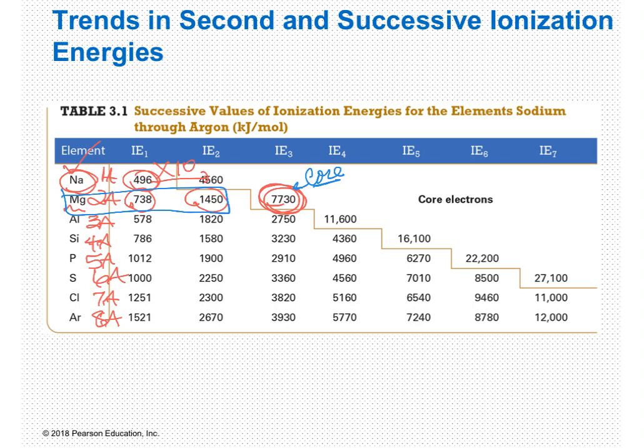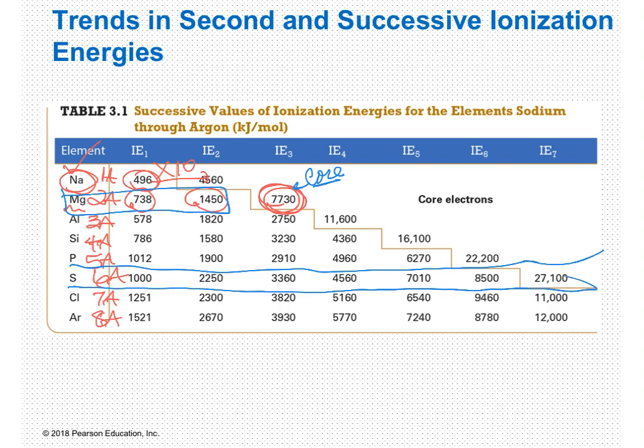So if you're given a mystery element, let's just look at sulfur. Let's pretend you didn't know that was sulfur, and I just gave you these ionization values and asked how many valence electrons this substance has. You would look for trends in the ionization energy, okay? Let's see, about doubles, not quite doubles, not quite doubles, still doesn't quite double.